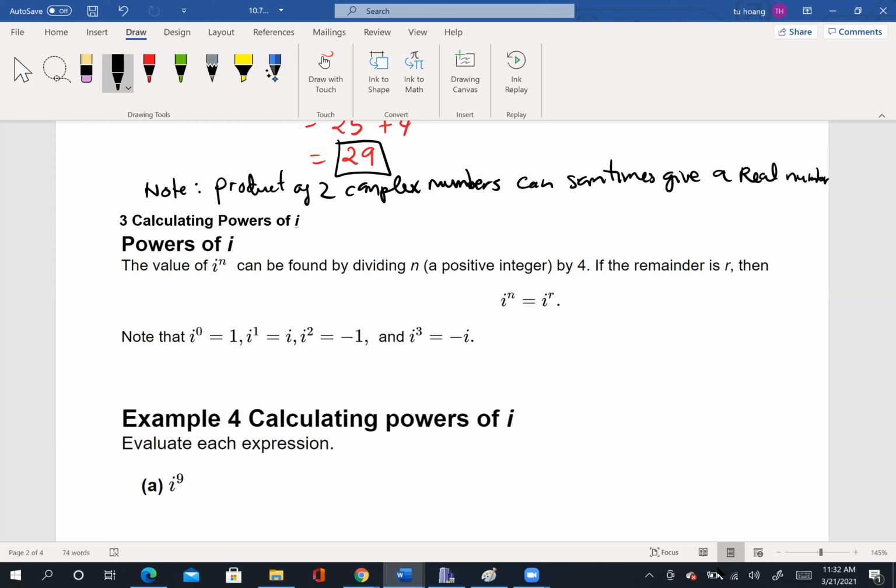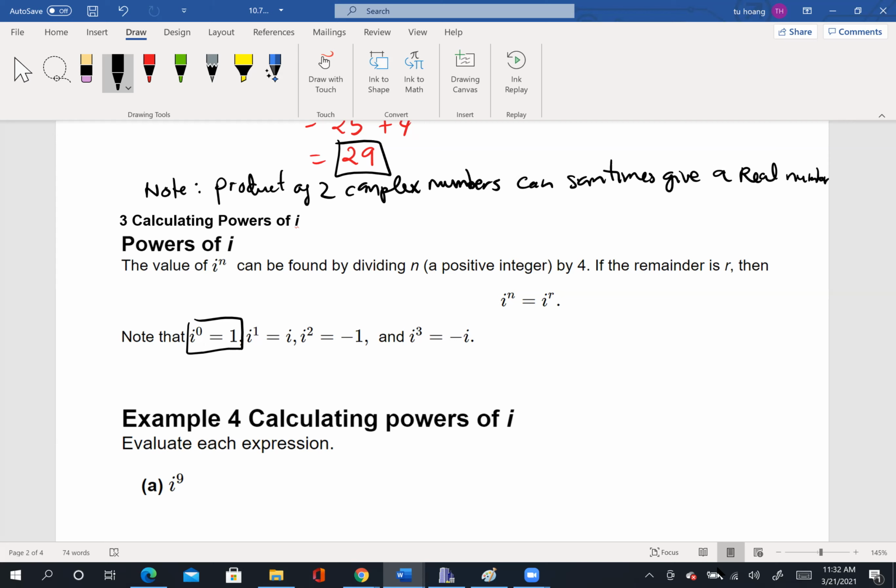If the remainder is r, then it's going to equal i to the power r. Note some special cases: i to the power 0 is just equal to 1, i to the 1 is equal to i, i squared is equal to negative 1, and i to the power third is equal to negative i.